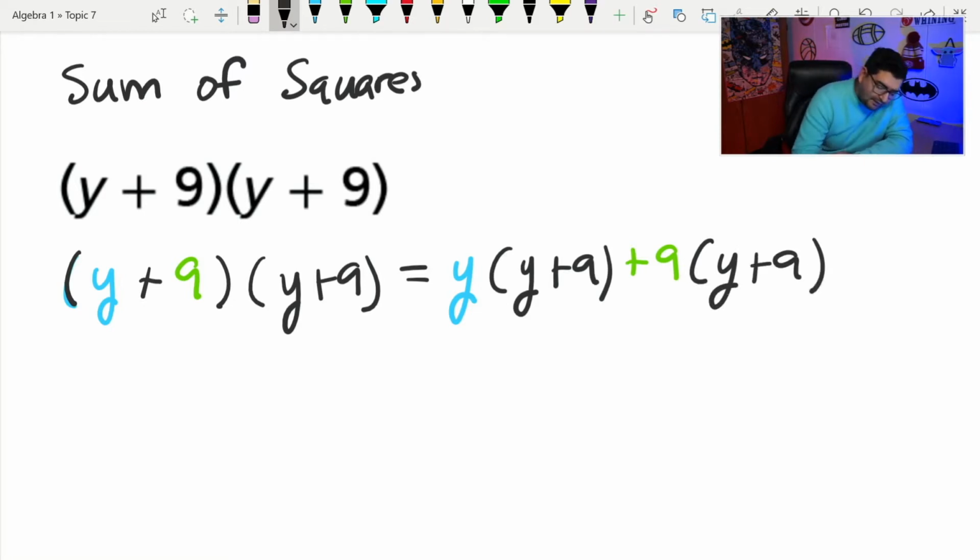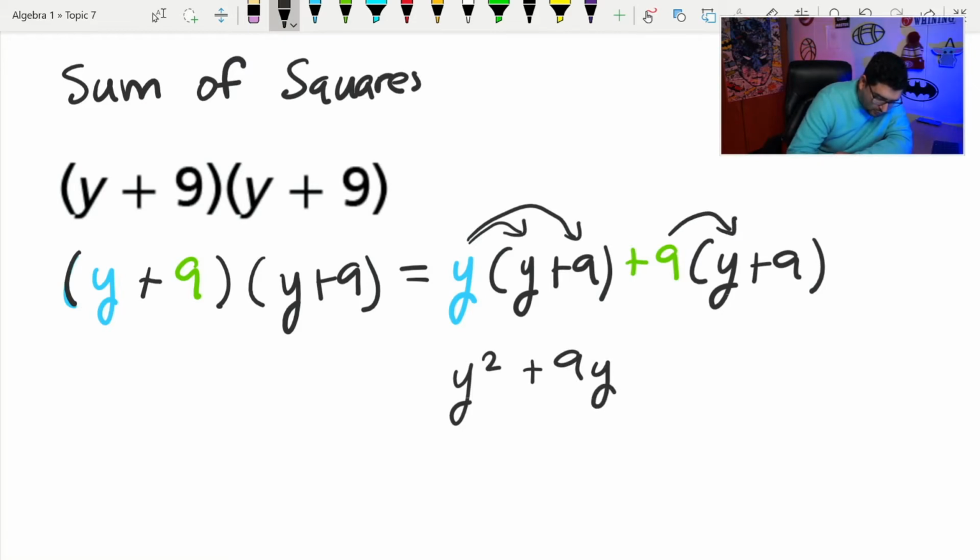Okay, multiplying these out, now I do the distributive property twice. Y times y is y squared. Y times 9 is 9y. Over here we do 9 times y, that's plus 9y. 9 times 9, this is 81.